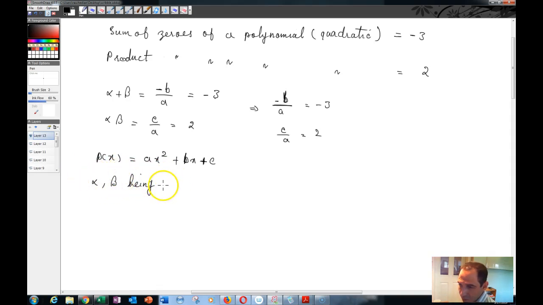So if alpha and beta are the two zeros of p of x, then you know that the polynomial can be written as x minus alpha times x minus beta. That means x minus alpha times x minus beta is going to give you the polynomial back, right?